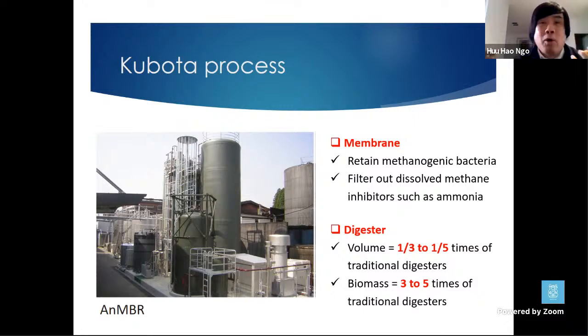Because they eat more, we just say eat. They break down more organic matter. So that's the reason they can convert the organic matter to biogas, and at the same time remove almost all the organic matter in the wastewater. So that is pretty good.